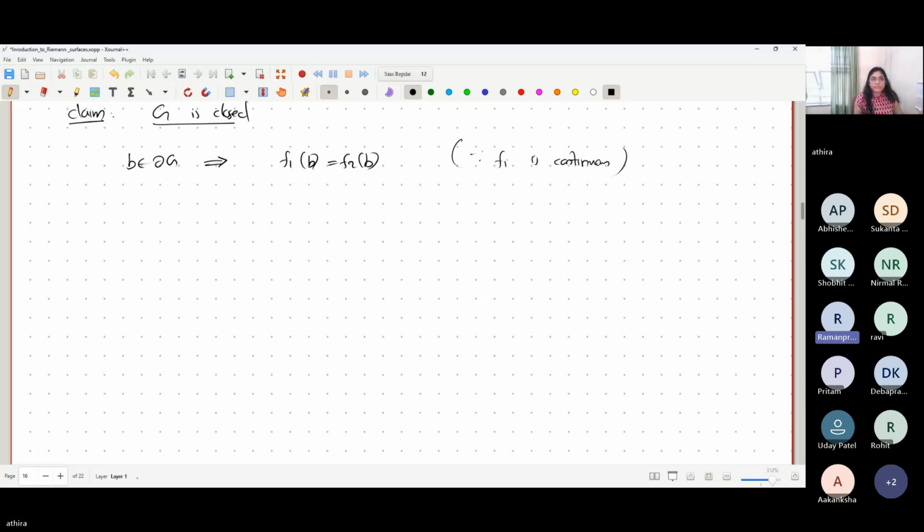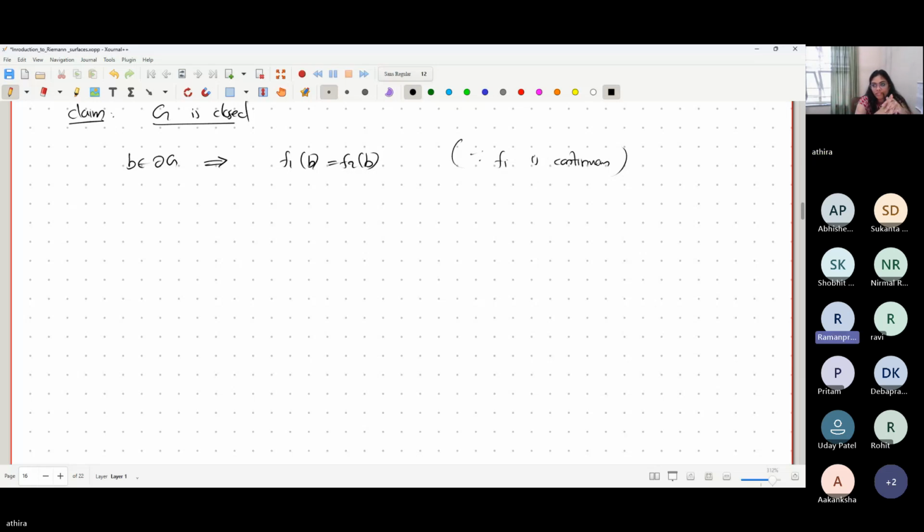Just to add, Ravi is right, because when you take your transition map, it should be holomorphic in the usual sense. There you are applying psi inverse F and phi, right? So there you need the containment, and that is exactly where your continuity plays a role.